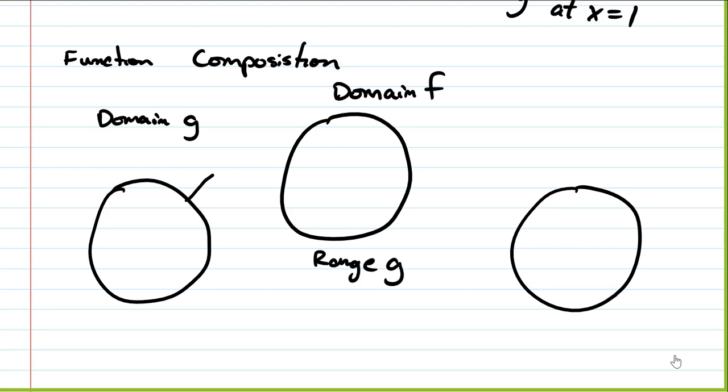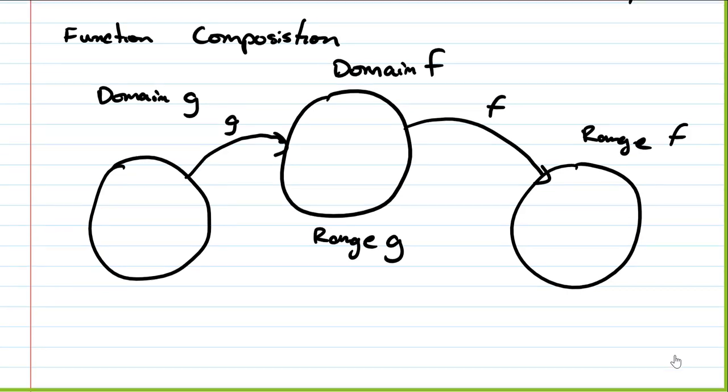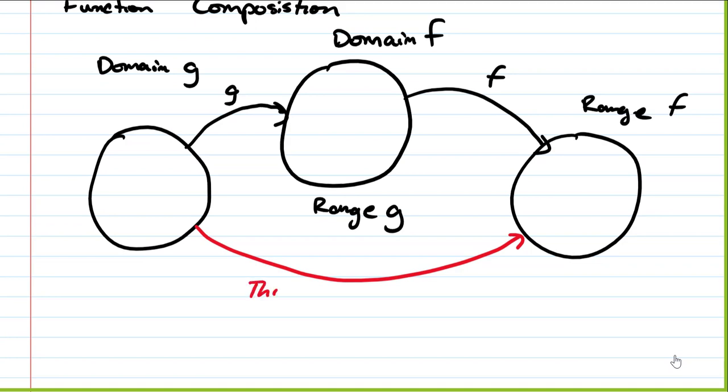Then g would take elements from its domain to its range, and we could also have our function f take elements from its domain to its range. So that would be our rule f, and this would be our rule g. The idea of function composition is going directly from the domain of g to the range of f. So this is function composition.